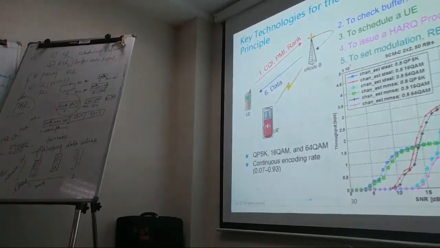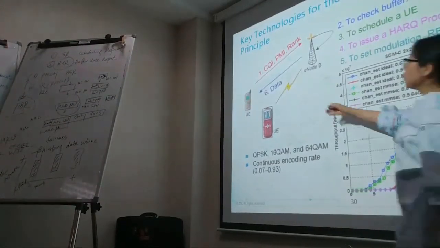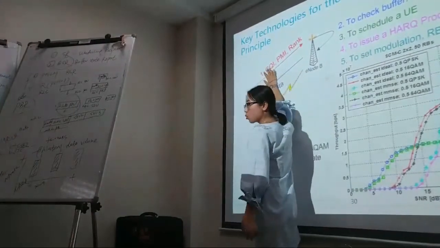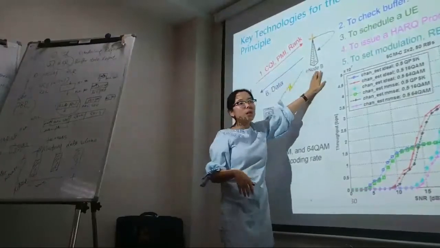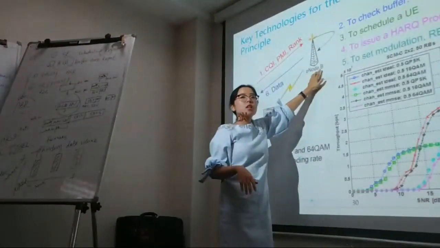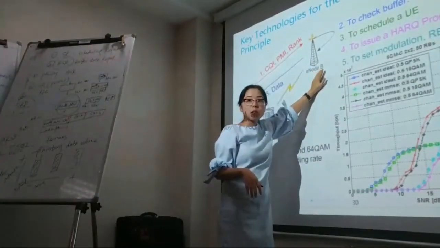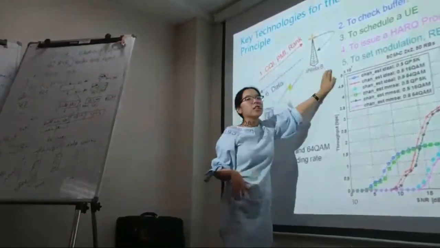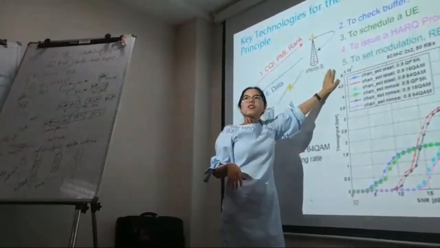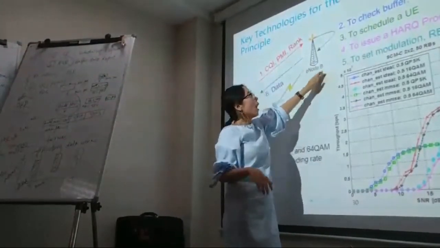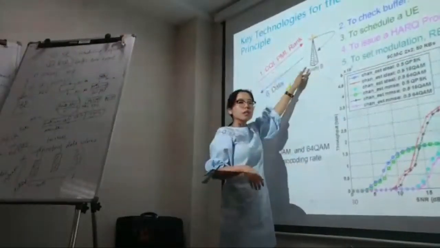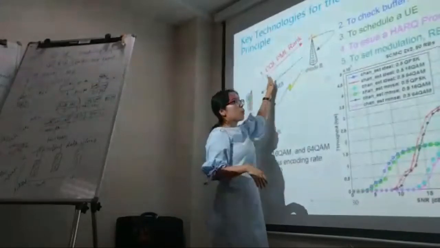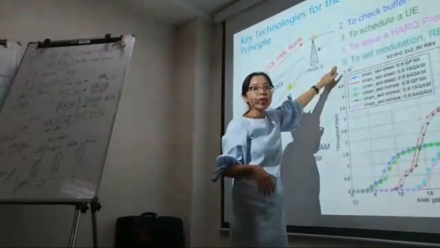For the uplink, we don't need these two steps. The NodeB performs the channel estimation. It will get the CQI at the NodeB side by the SRS signal, right? And then the UE will report the BSR, right?